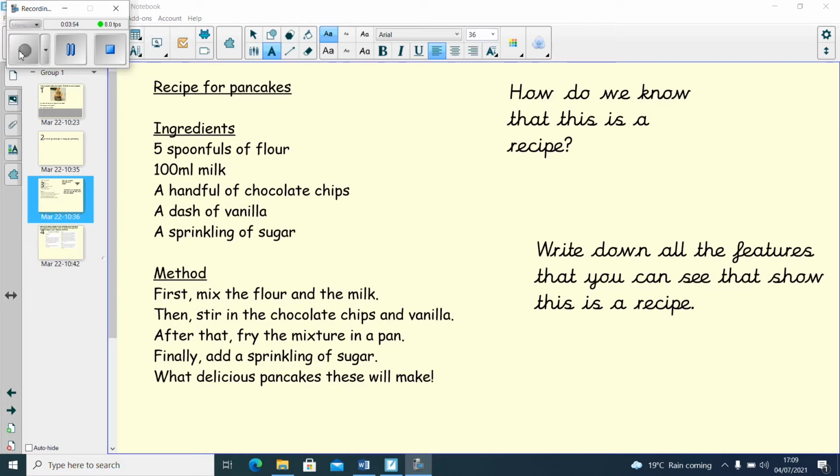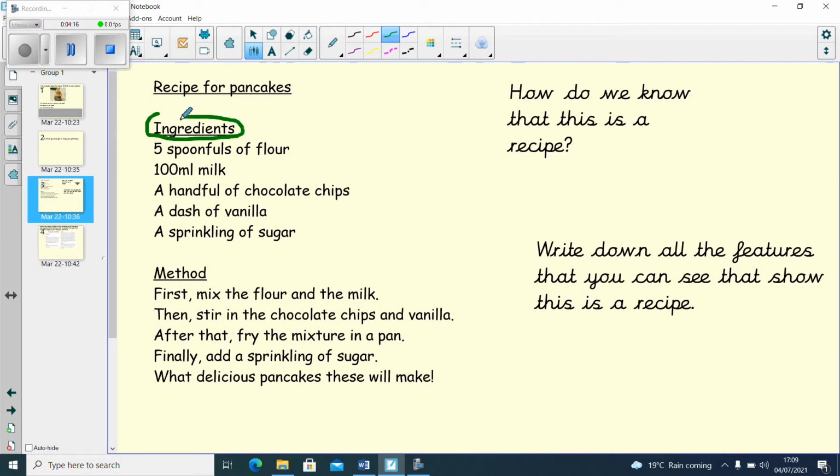Okay, so hopefully you've got a list of features now that show that this is a recipe. So let's see if you've got similar features to what I'm thinking. Okay, so a recipe, we know it's a recipe because we have this subheading here called ingredients.